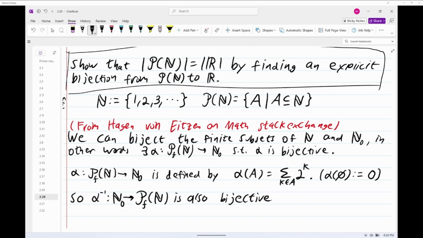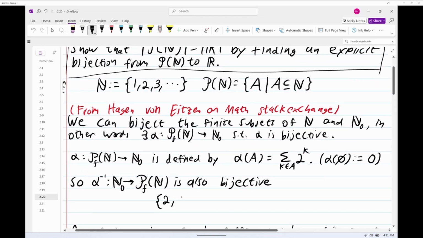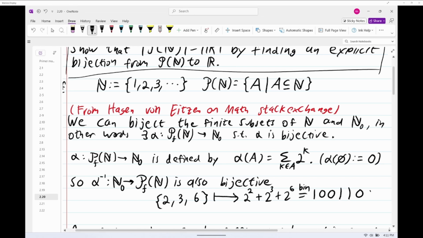If, say, some finite subset of N, like {2, 3, 6}, we want to assign this to a natural number, this gets sent to 2 to the 2 plus 2 to the 3 plus 2 to the 6, which in binary looks something like 1001100, with places 6, 5, 4, 3, 2, 1, 0.